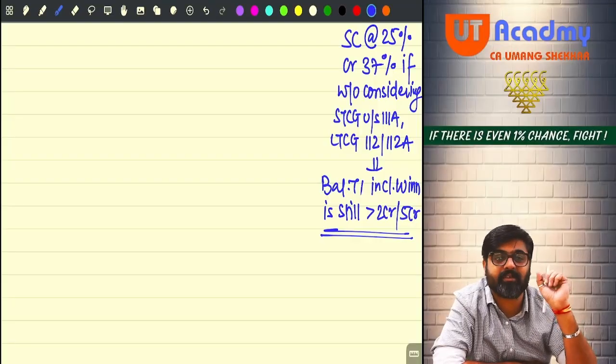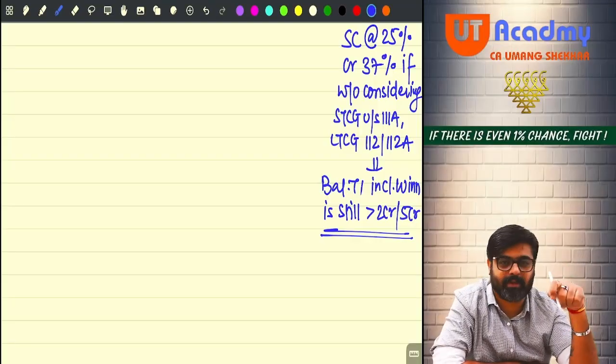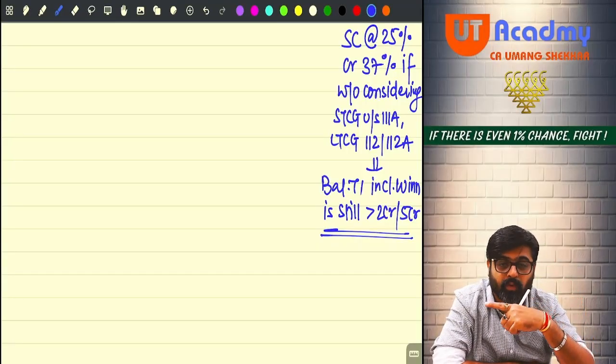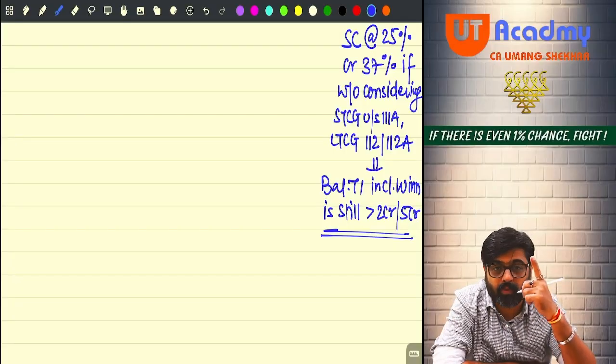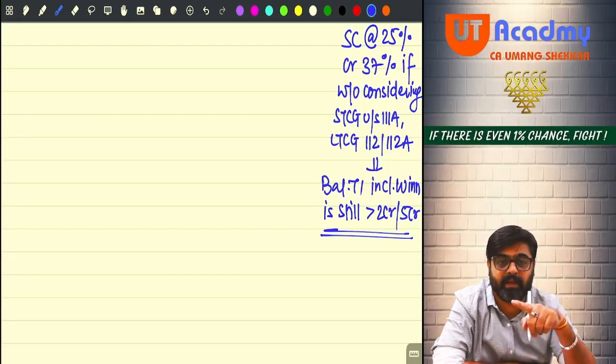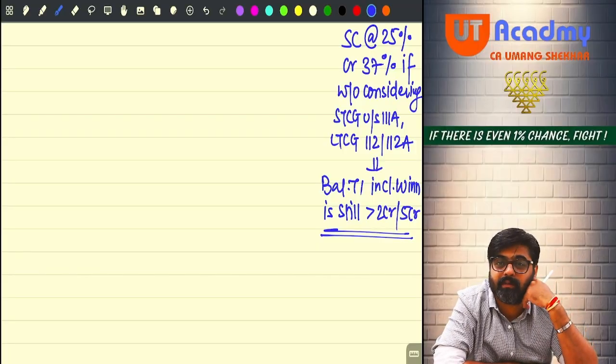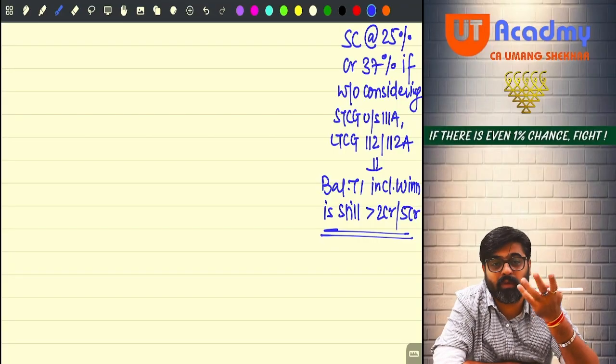Now a few questions are there in your first chapter, ICAI study material. Those few questions have the same concept which I have explained right now about the surcharge. Just imagine, they have given this concept in the first chapter. How are the students going to understand these things in the very first chapter?